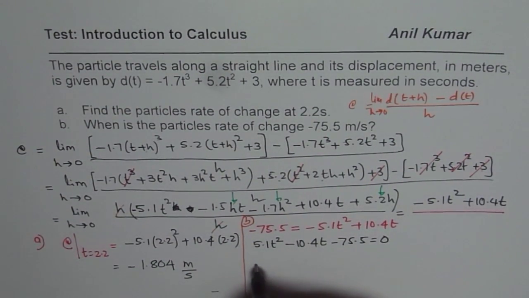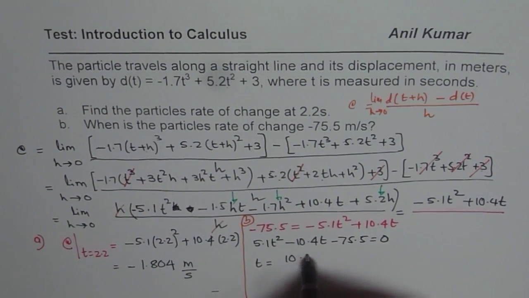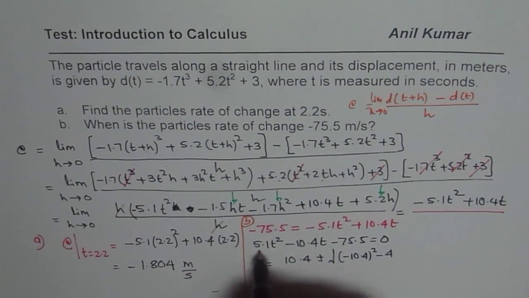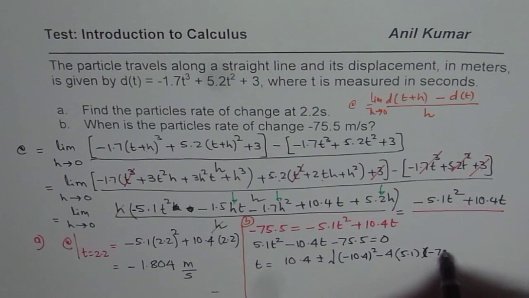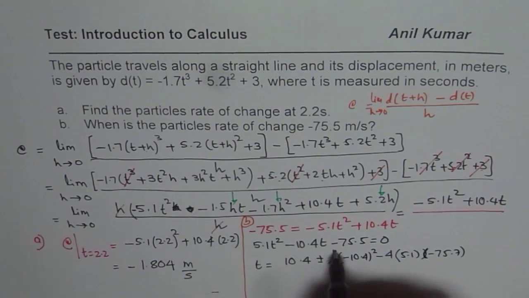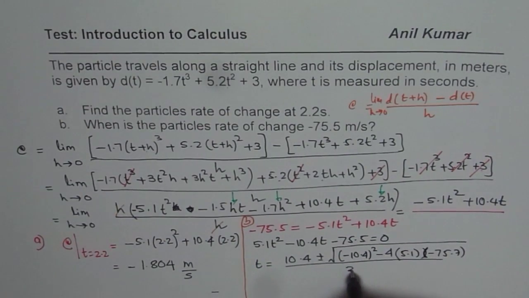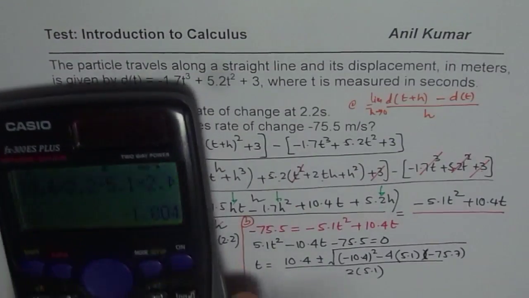So the quadratic formula will be t equals minus of b term, which is 10.4 now, plus minus square root of 10.4 squared minus 4 times a and c, which is 5.1 times minus 75.5, correct? Everything within the square root divided by 2 times first term, which is 5.1. So let's calculate this value. This minus and minus makes it positive, correct?